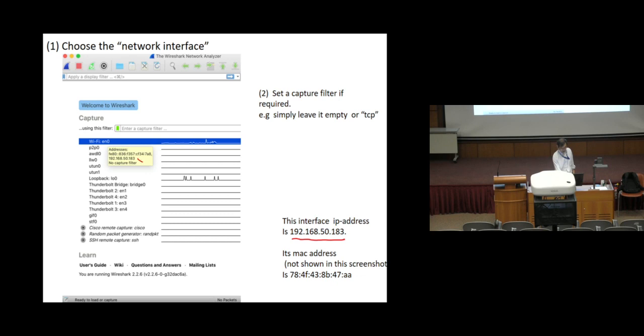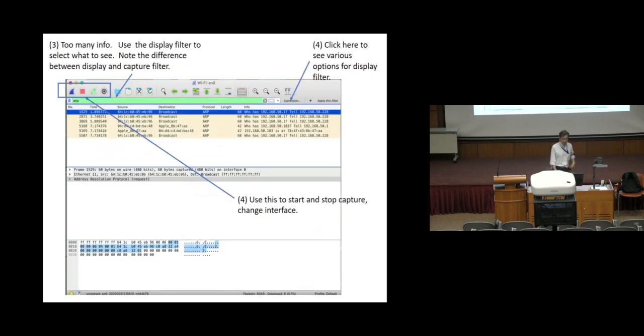You can see from here. It has a MAC address which is not shown in this screenshot. I got it from another place. The MAC address of this card is this one. After that, you go to the next screen, and you start to capture.